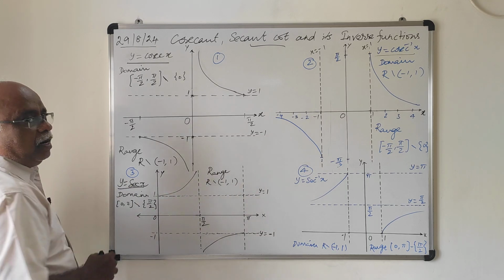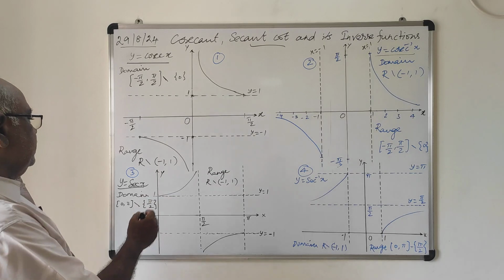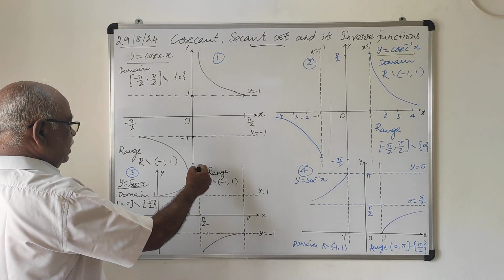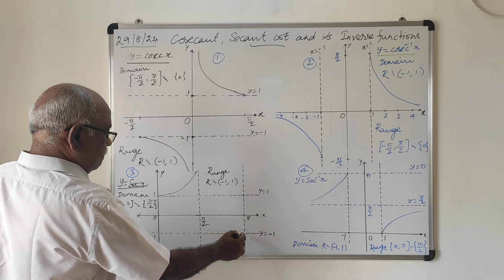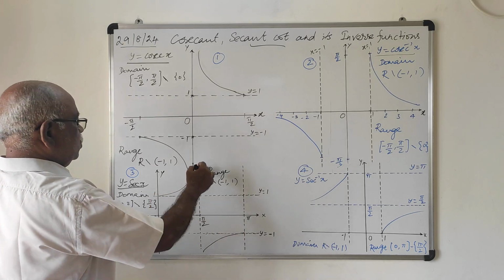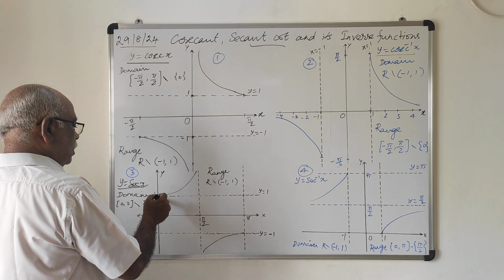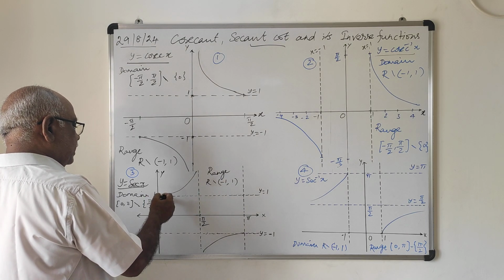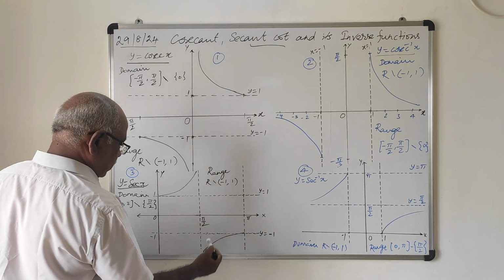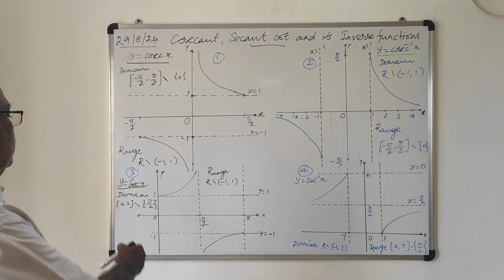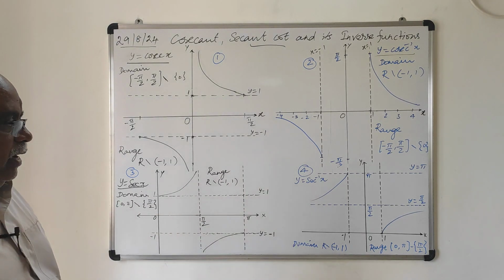Minus 1 to 1 should be excluded from the real line, therefore this is the curve. Secant x curve is above 1 and below minus 1, except pi by 2, since pi by 2 is not in the domain.